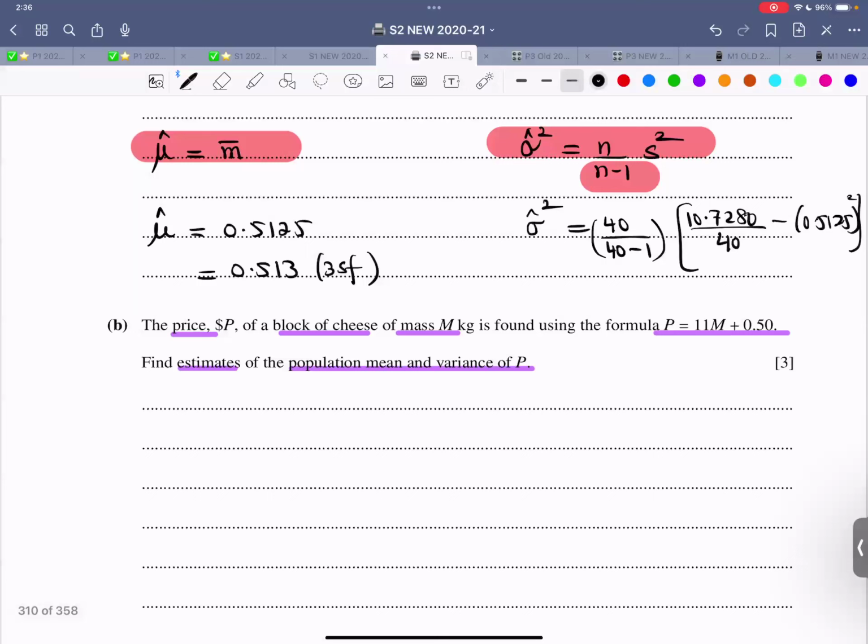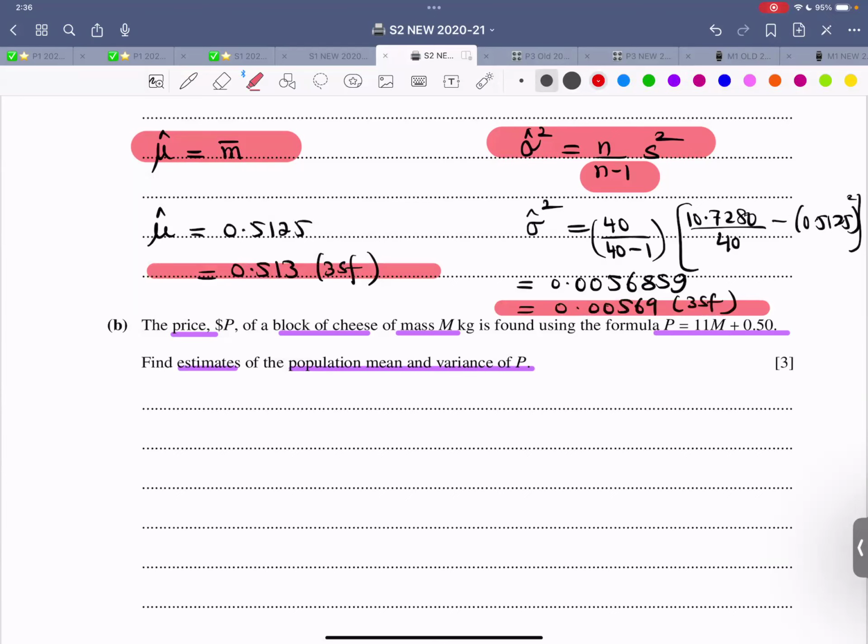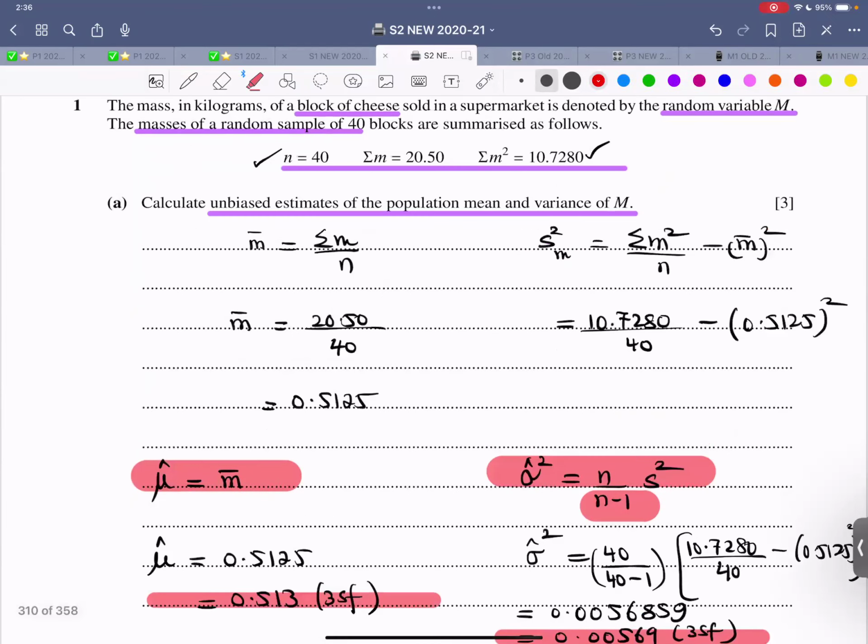Use a calculator, evaluate, this comes out to be 0.0056859, which can be written as 0.00569, again correct to 3 significant figures. So it's necessary that you give the level of accuracy over here. That is the answer for this part.